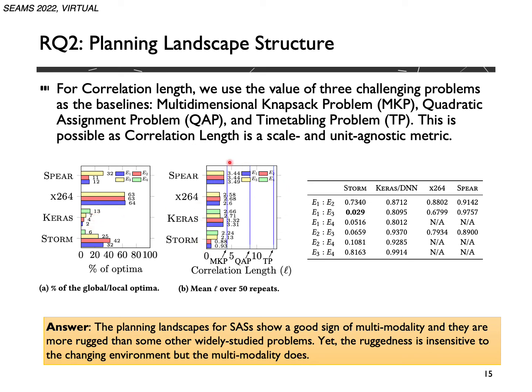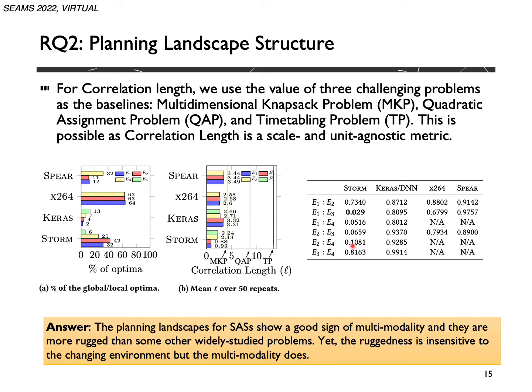If you look at the correlation length, you can see that for all the cases, it has a smaller value than the most rugged problem of the three we consider here. That means they are rugged to a significant extent, which is difficult to tackle.